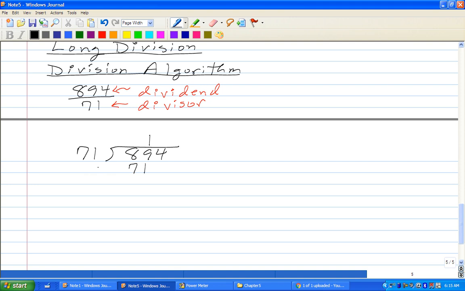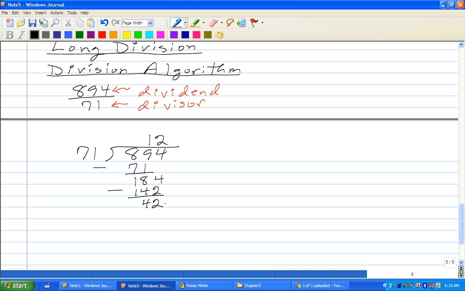And let's subtract. So notice you're always subtracting. 89 minus 71 is 18. Let me bring down the next term. Okay. And so, well, 18 divided by 7, that's going to be 2. So let's multiply. 2 times 71, well, that's 142. And again, let's subtract. And so I get 42.